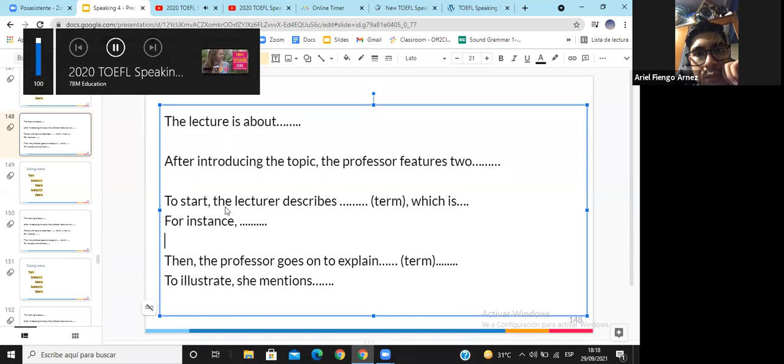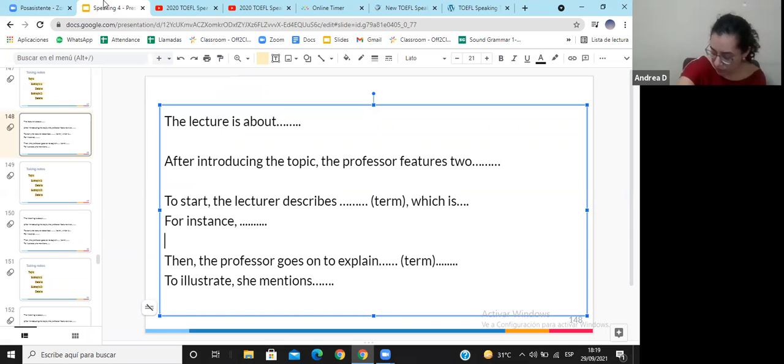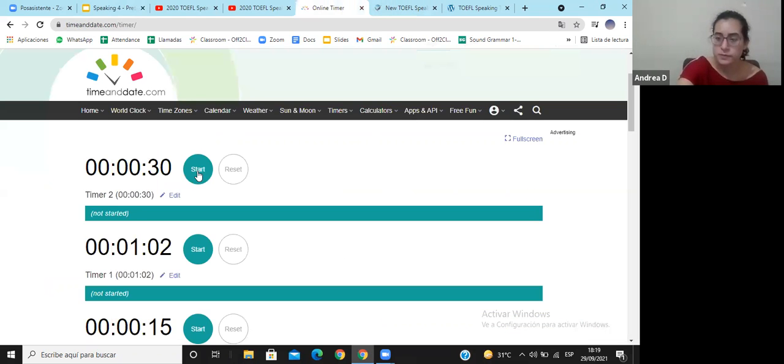Using the examples of the eel and the anglerfish, explain 2 types of adaptations that help animals survive in the deepest parts of the ocean. So, all right. So now you will have 30 seconds to prepare your response.